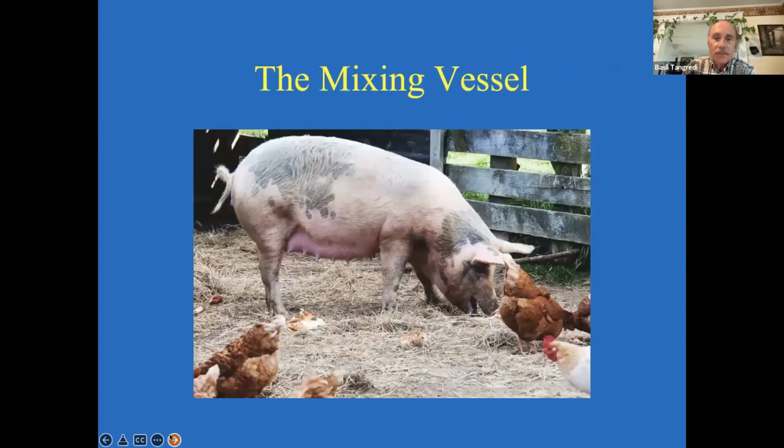But then what happens is the ducks go back to the barnyard where they interact with the pig. So now we have our link with a mammal. And if the hemagglutinin is compatible with a mammalian sialic acid surface protein, that's where the key fits the lock.